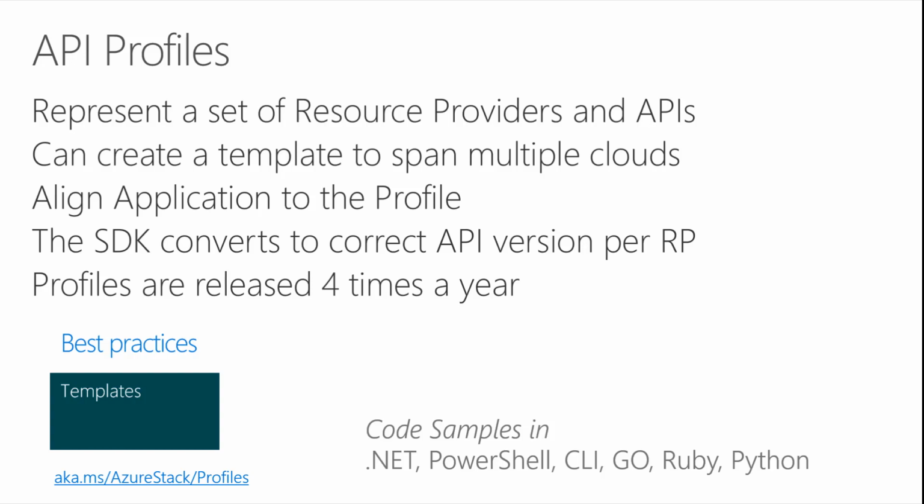And each client uses an API profile to contact the correct resource provider and API version for Azure Stack. And then you can create an app to work with Azure resource providers without having to sort out exactly which version of each resource provider API is compatible with Azure Stack. So you just align your application to a profile, then the SDK reverts to the correct API version. Much simpler.